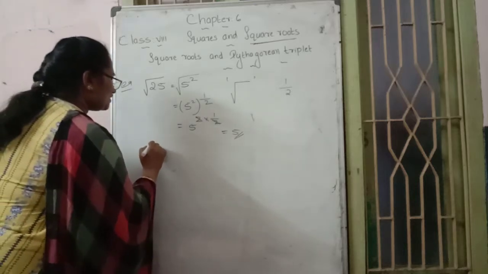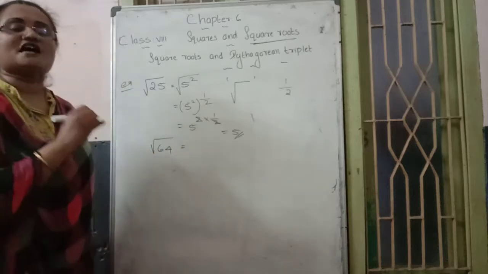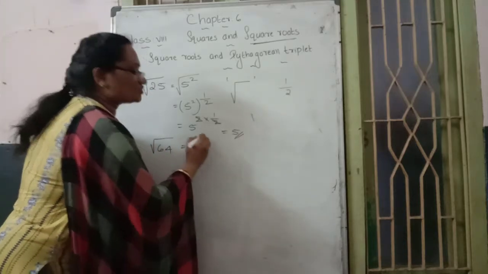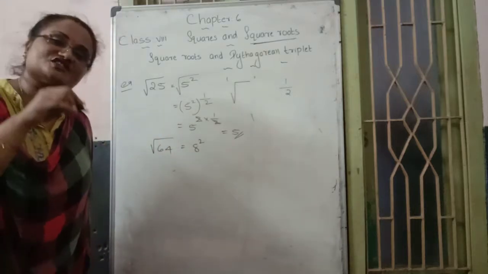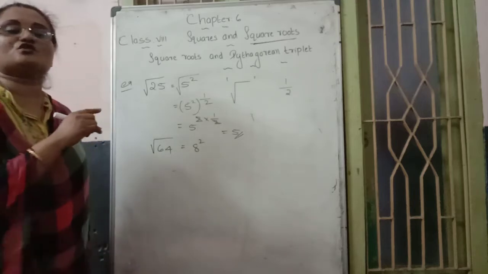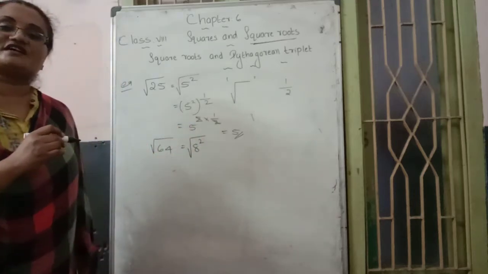In the same way, another example. What is the square root of 64? Actually, 64 is a square of which number? 8 square. 8 is multiplied with 8, we get 64. My question is, what is the square root of 64? Take the square root of 8 square.